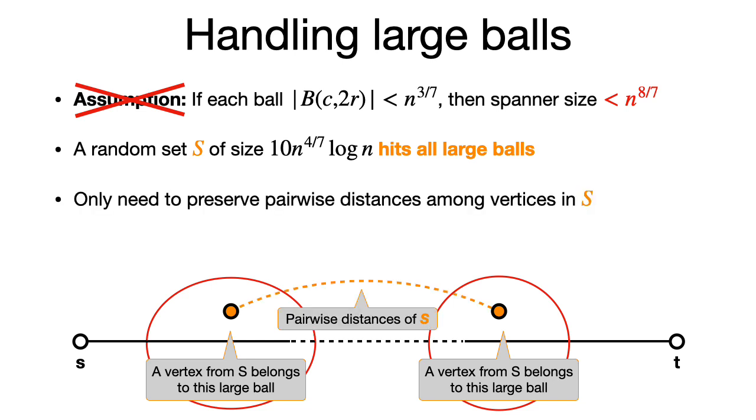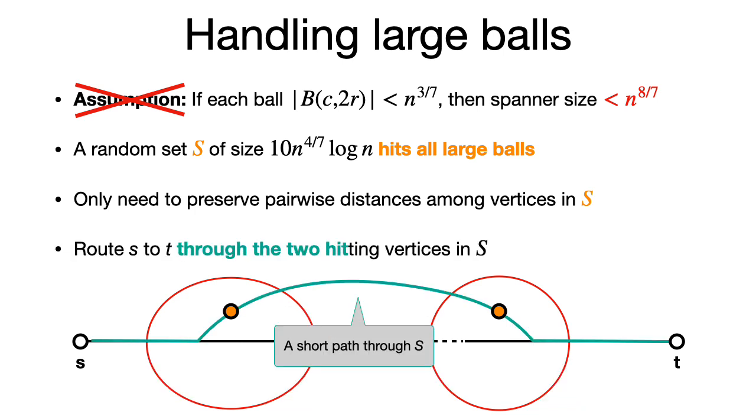To find a short path from S to T, it suffices to find a short path between these two pivot vertices. Then we can first travel from S to the first pivot and use the blue curve to reach the second pivot, and then to reach T.